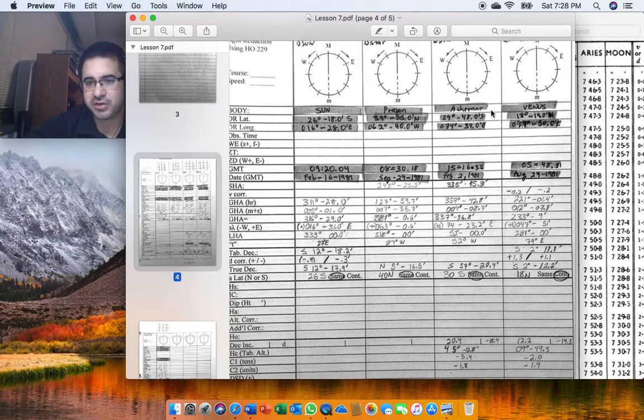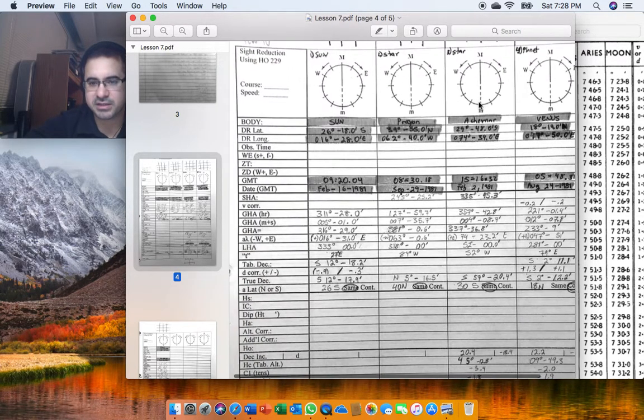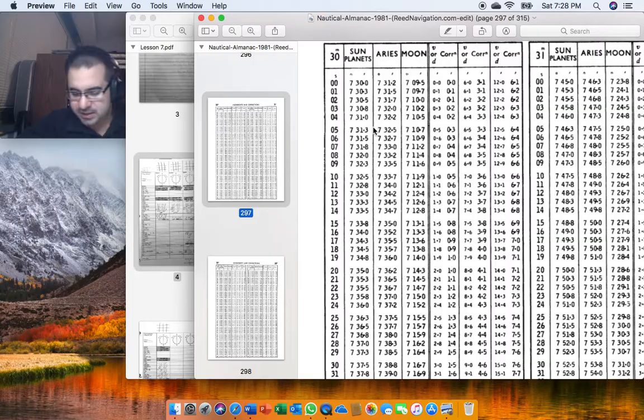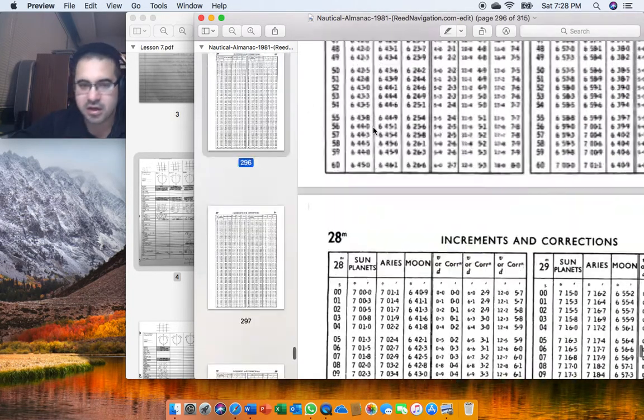Same thing with the other star. Now Venus. When we do planets, we are going to plug in the values, pause it, plug in the values. We are going to then go to the date, which is August 24.